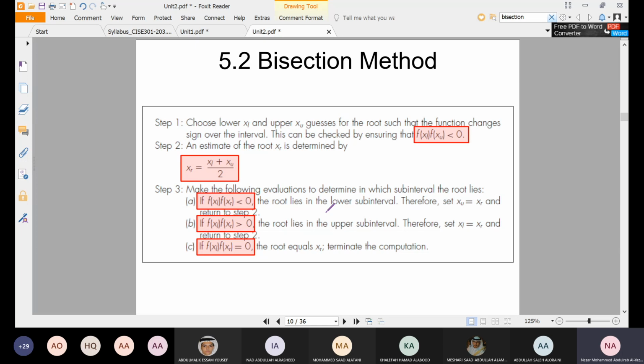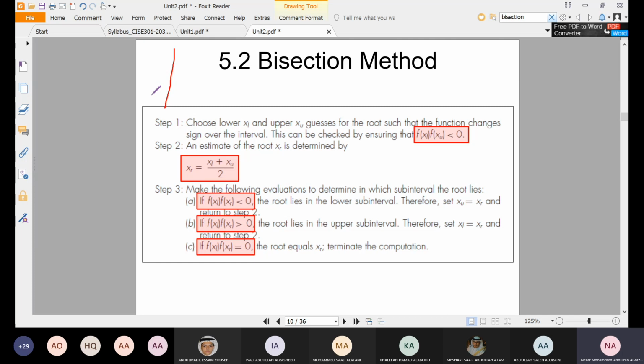Okay, the bisection method depends on one condition. If this condition is valid, then we will continue. So bisection, from its name, we start from two initial guesses, a lower guess and an upper guess.